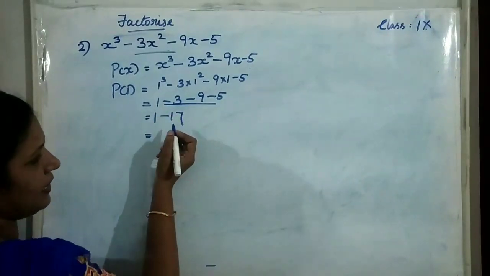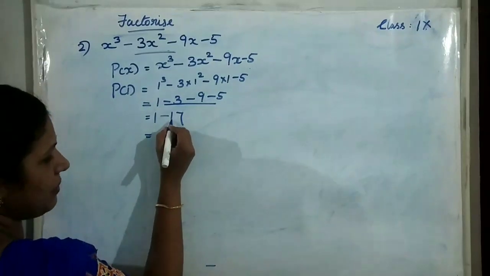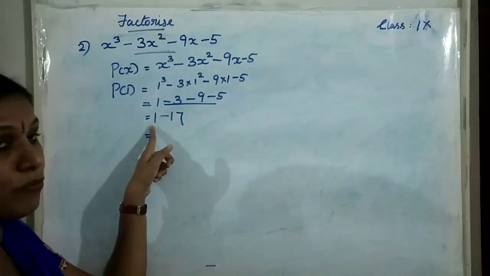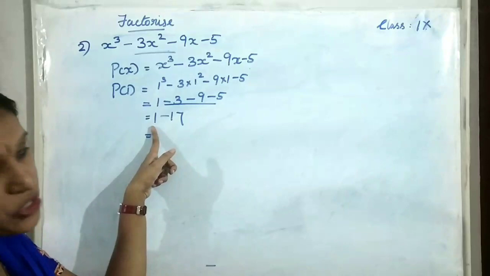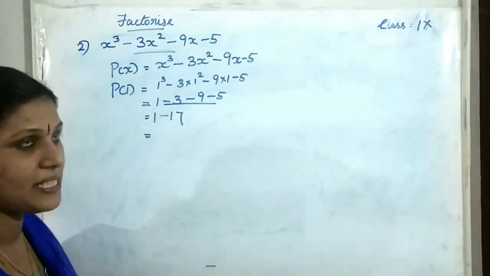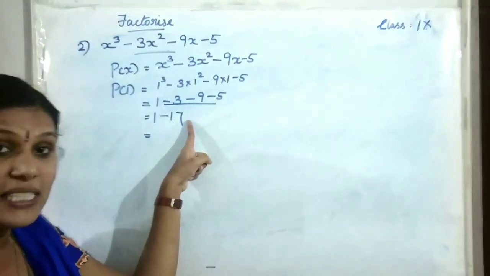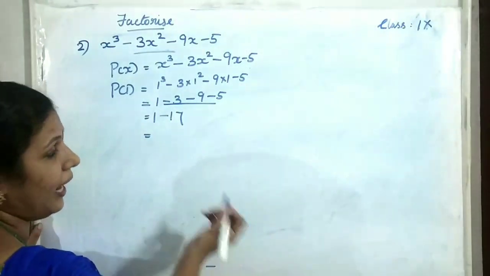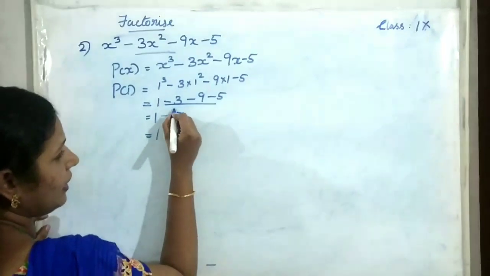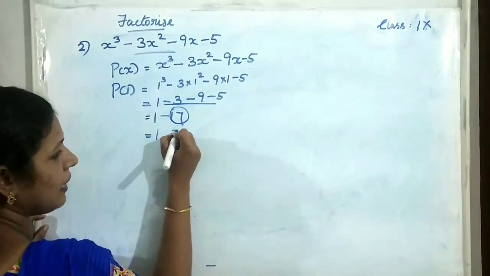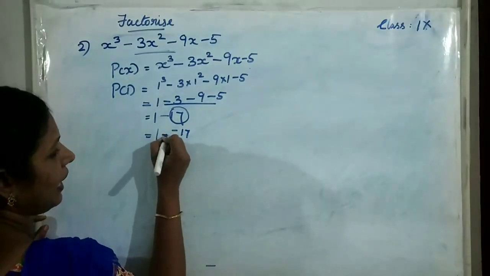And 1 minus 17 means we have to subtract this 17 from 1. We use the integers rule for subtraction: first we find the additive inverse of the second part and then add. The additive inverse of 17 is minus 17. Then add.